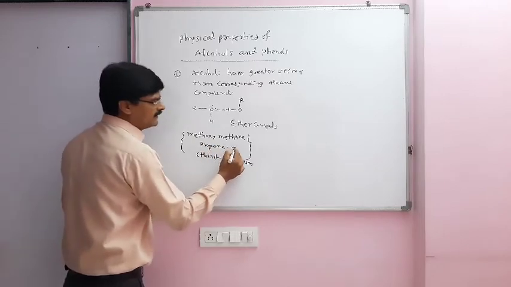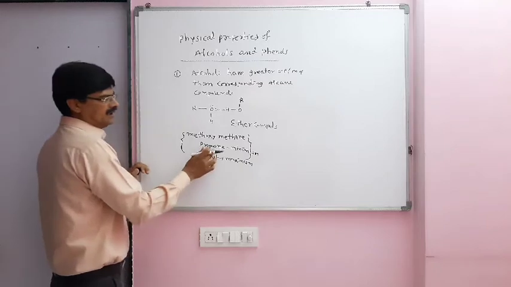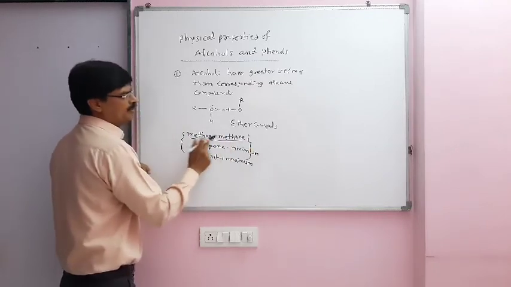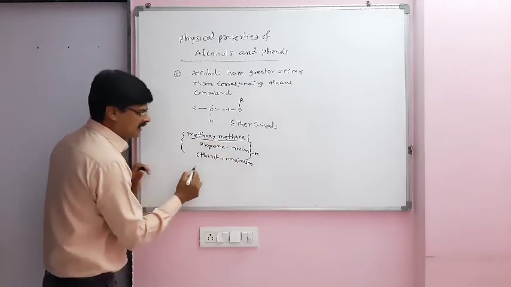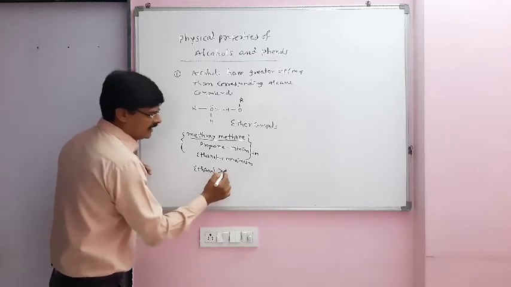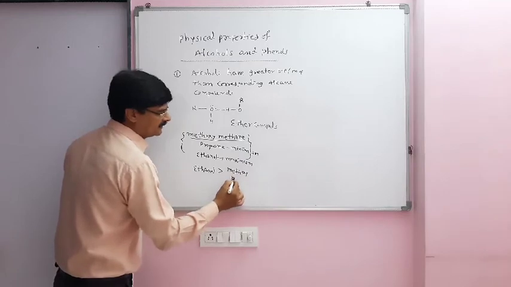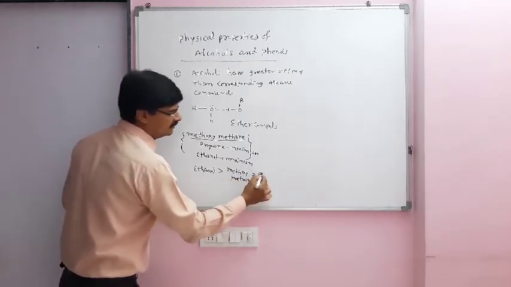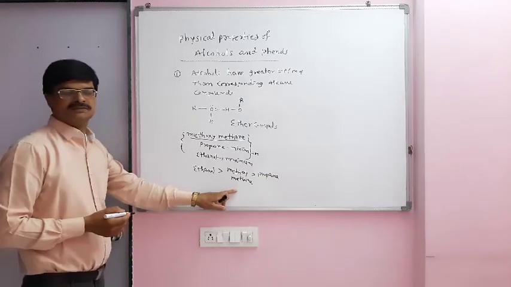The minimum is for the alkane, and in between these two, the boiling point of methoxymethane stands. It means we can write that the boiling point of alcohol is greater than methoxymethane, that is ether, and it is greater than propane, that is hydrocarbon.